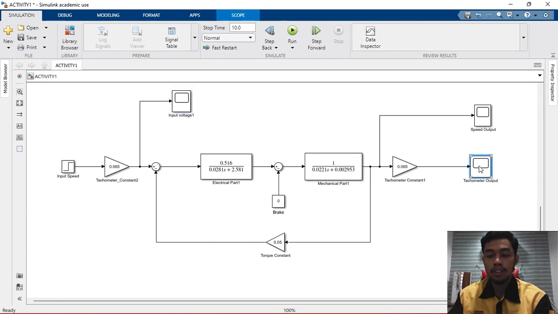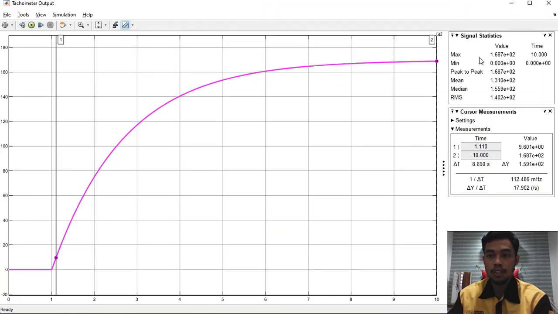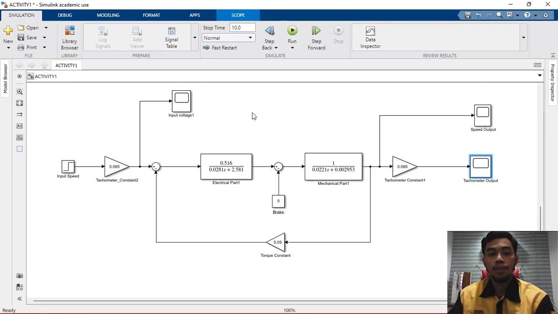The tachometer voltage, when t equals 10 seconds, will be 168.7. It can be observed that the higher the value of the input speed, the higher the value of the input voltage and tachometer voltage.